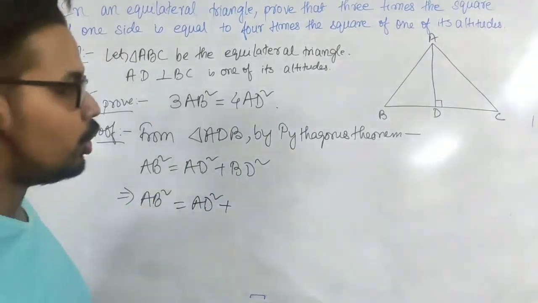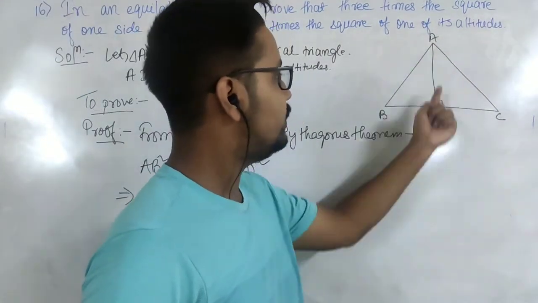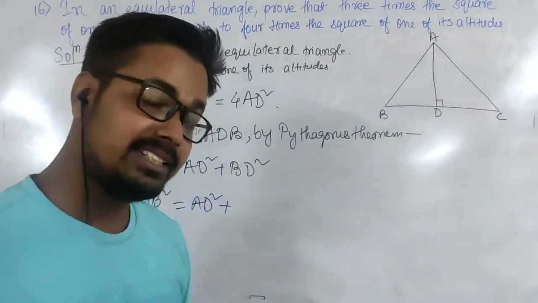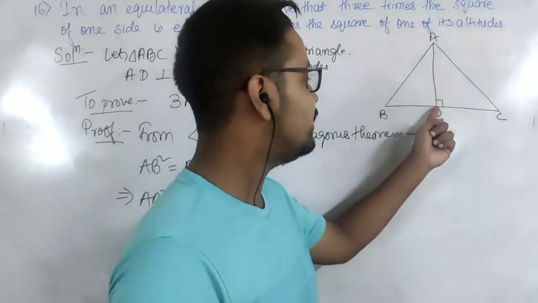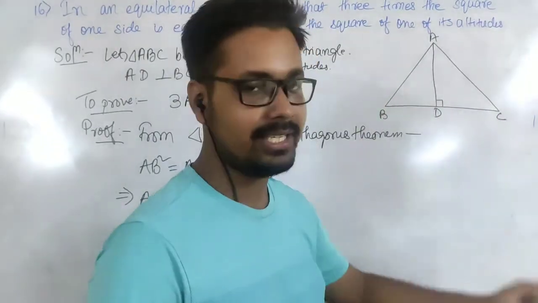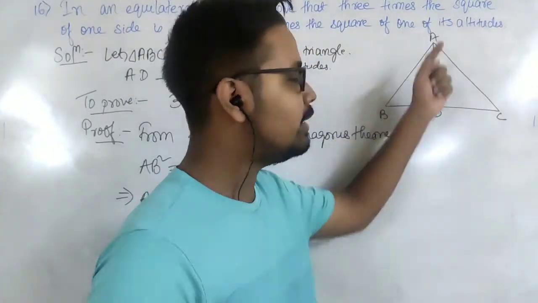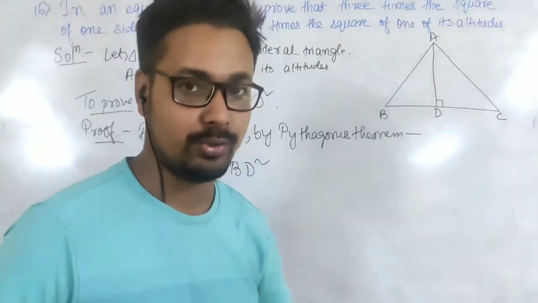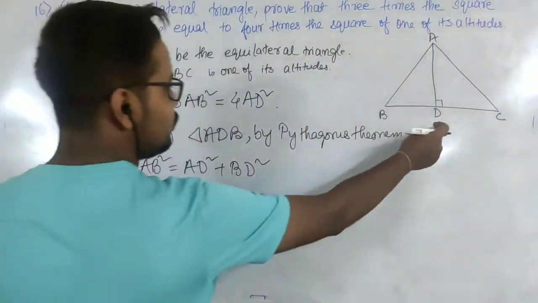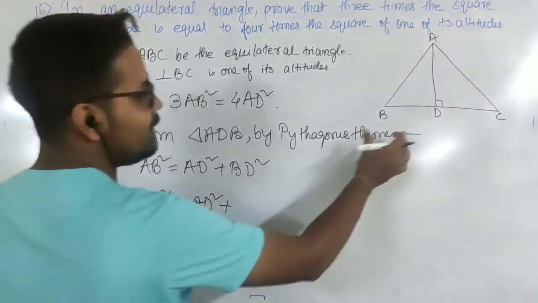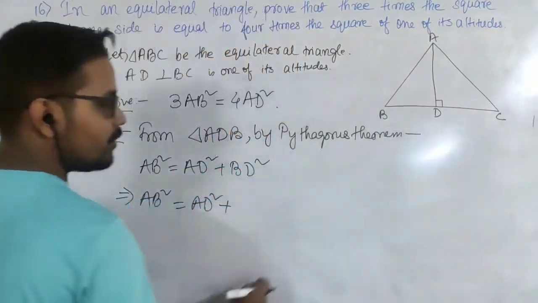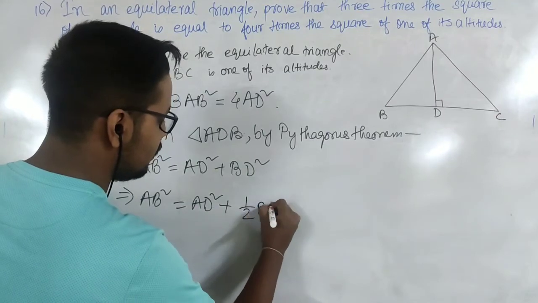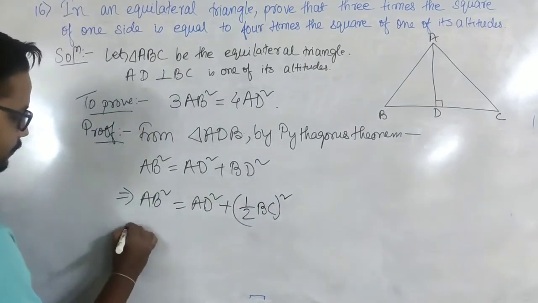BD we will change. In an equilateral triangle, this altitude is also the median, again just like the previous sum. So D is also going to be the midpoint of BC because AD is the median and the altitude both at the same time, as ABC is an equilateral triangle. As D is the midpoint, BD will be half of BC. So in place of BD, I can write half of BC whole squared.